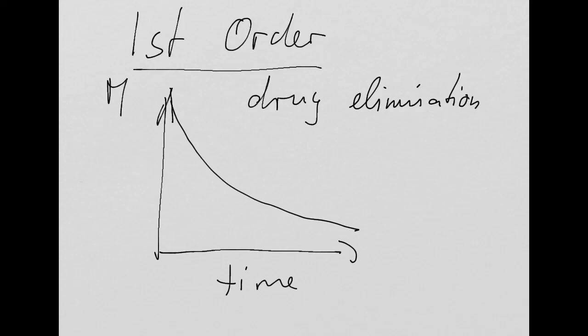Drugs are eliminated by the kidney or by the liver and inactivated through a first order reaction. And of course, this is quite important for biomedical scientists, because you need to be aware of what this drug in particular does and how quickly it is eliminated from the body.